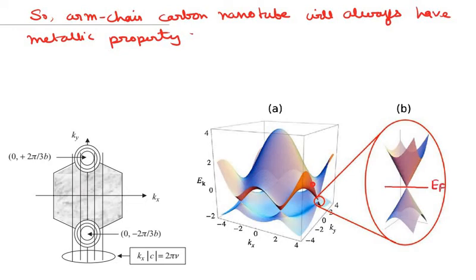Okay, so it is similar to saying that when we model silicon, or when we want to know the electronic properties of silicon, it is sufficient to know the properties of the minimum of the conduction band or the top of the valence band.